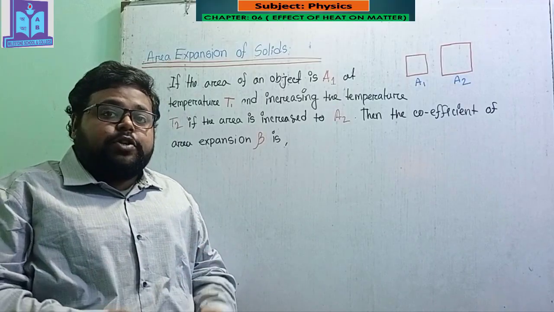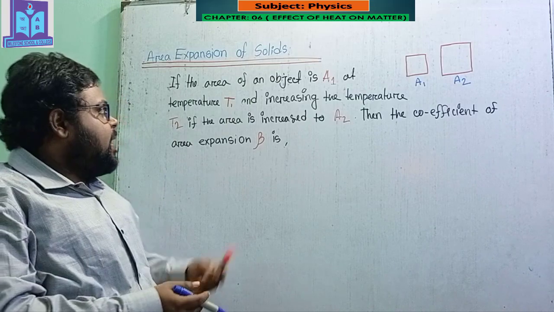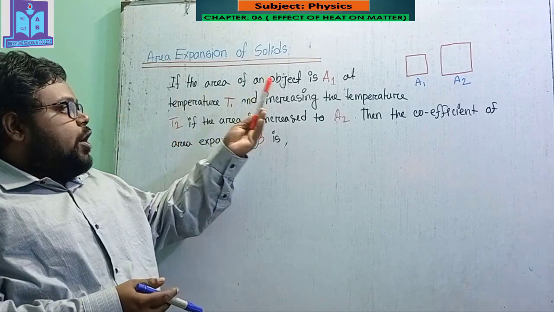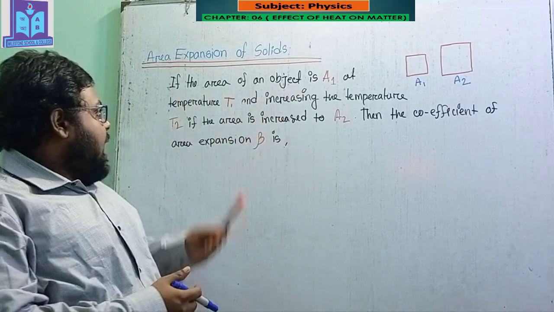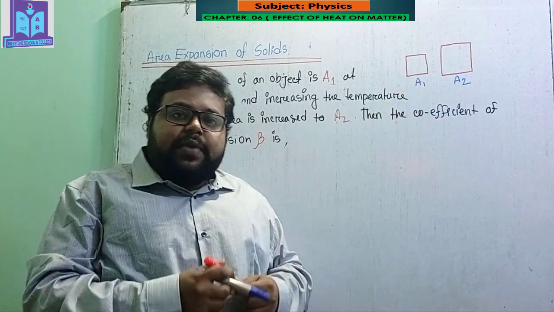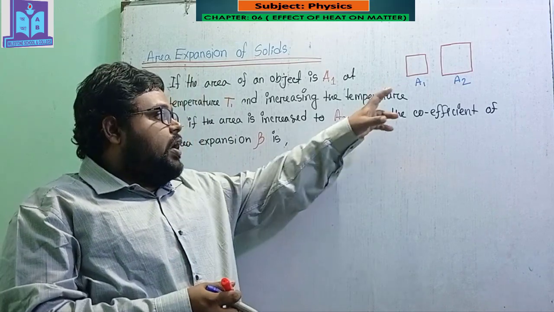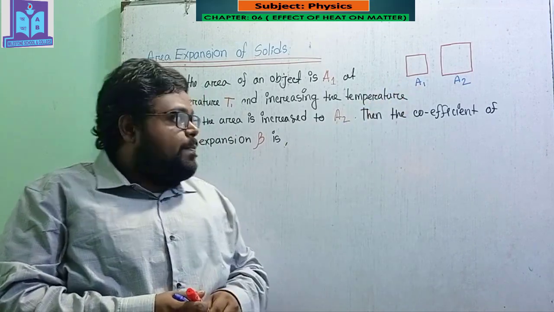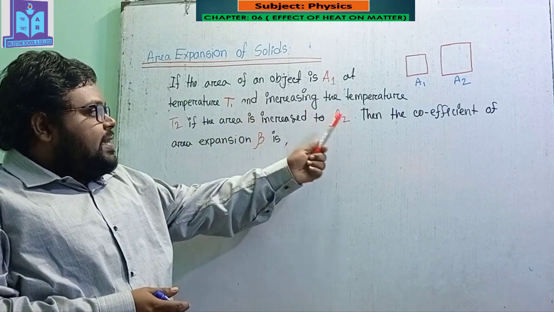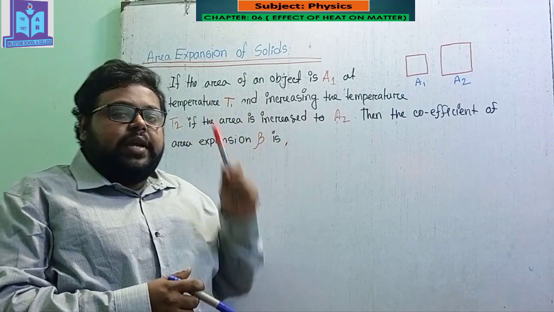And our next topic is the area expansion of solids. Okay? If the area of an object is A1 at temperature T1, that means at T1 temperature the initial area of a solid is A1, and on increasing the temperature to T2 the area is increased to A2.